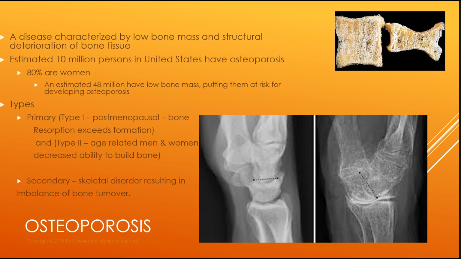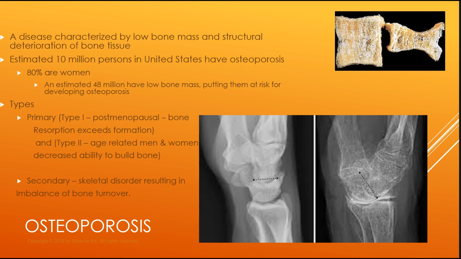Okay, an estimated 10 million people in the United States have osteoporosis. 80% are women. An estimated 48 million have low bone mass, which is just one step away from osteoporosis. Okay, the types of osteoporosis are primary and secondary. Primary has two different types in it.